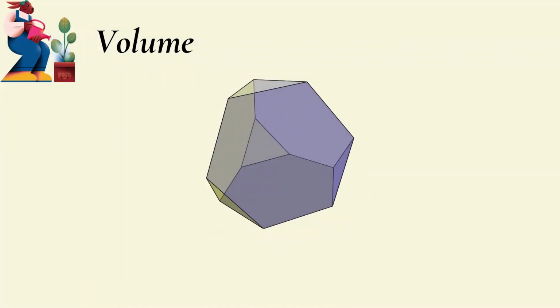The volume of the truncated tetrahedron represents the amount of space enclosed within the solid. Although the net itself is two-dimensional, it helps us understand how the faces are connected to form a closed 3-dimensional structure. Once the net is folded into the solid, the enclosed space forms the volume, which depends on the dimensions and arrangement of the faces.